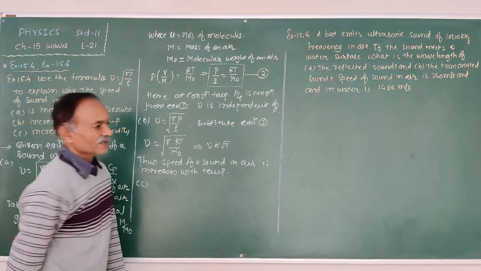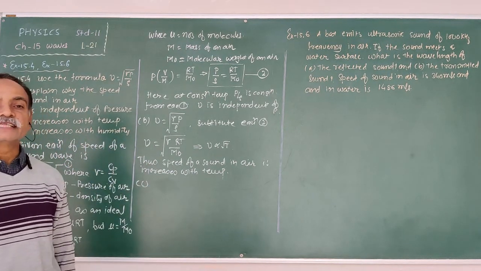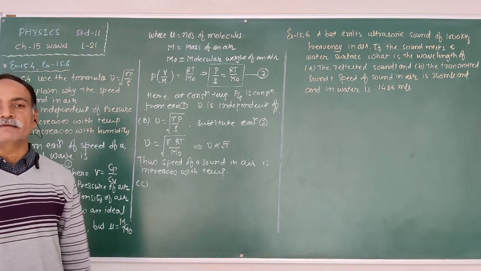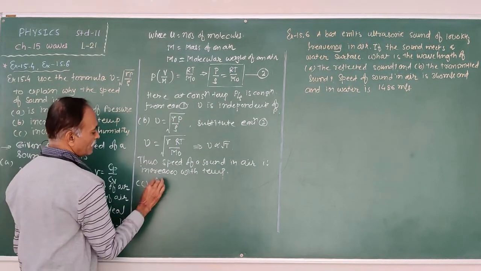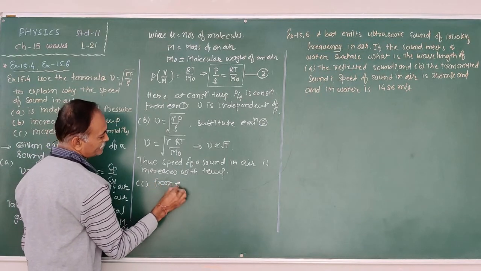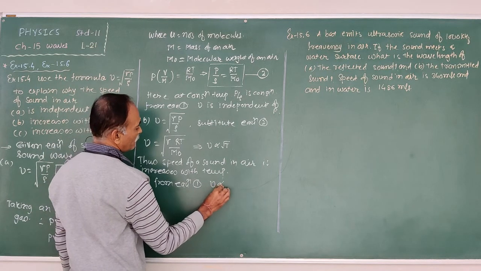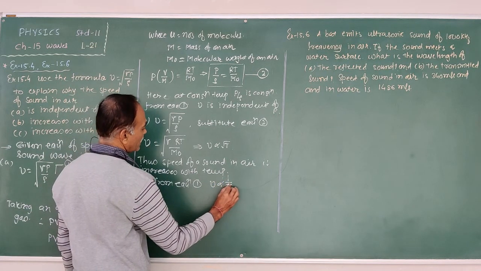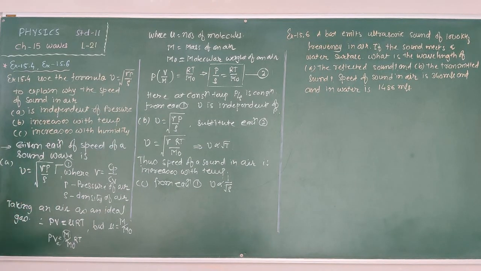Now C portion. We have to prove that speed increases with the humidity. As the humidity increases, the density of the air medium decreases. From equation 1, V is proportional to 1 upon under root of rho.